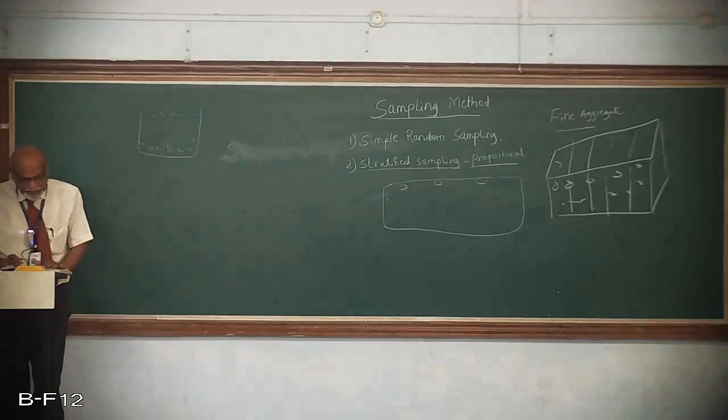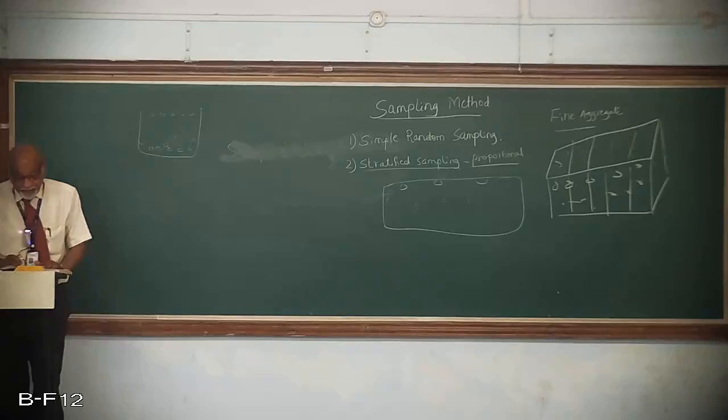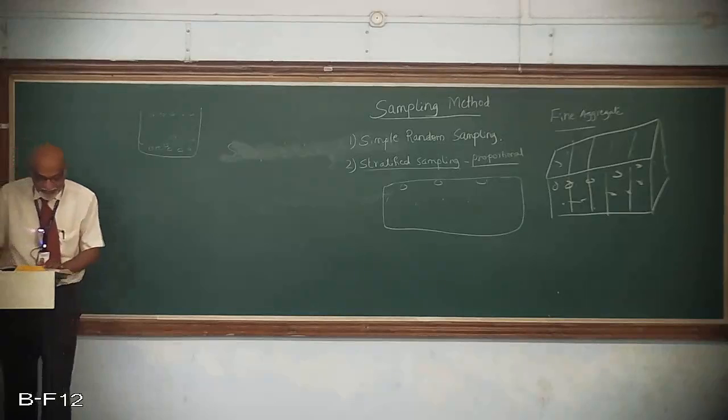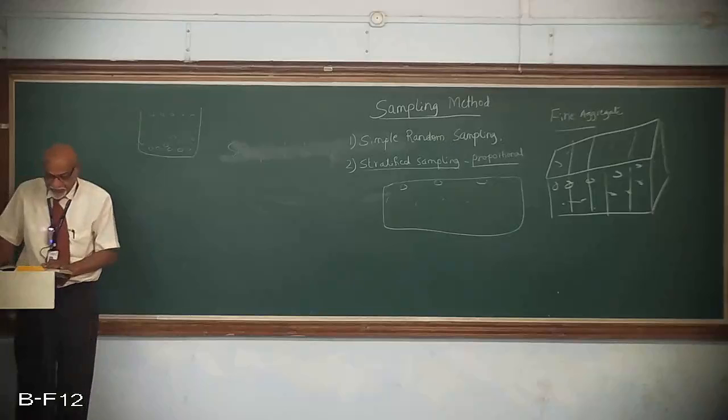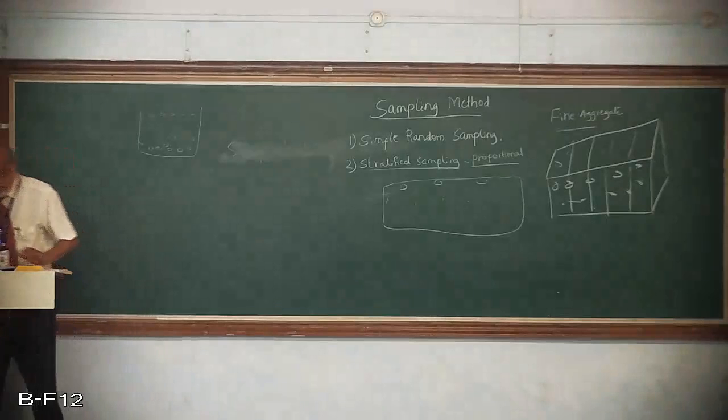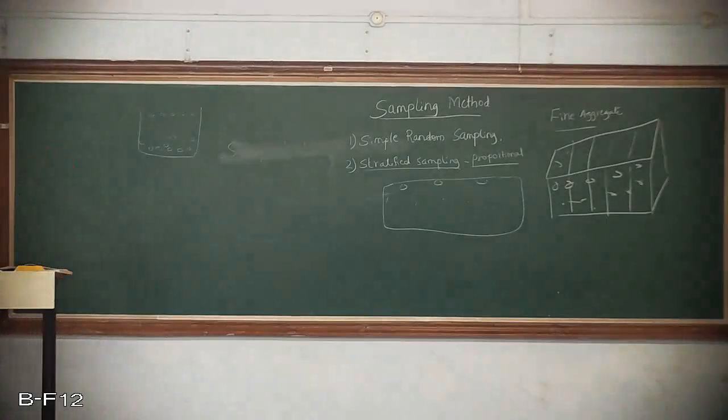From each sublot into which the inspection lot is divided, a subsample should be selected, and the size of the subsample should be proportional to the size of the sublot.